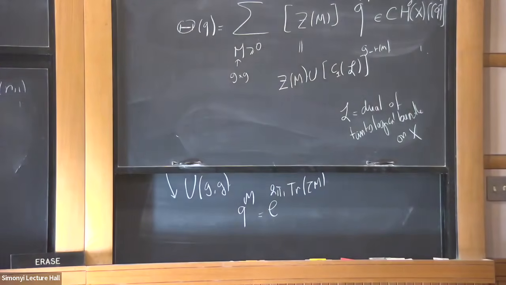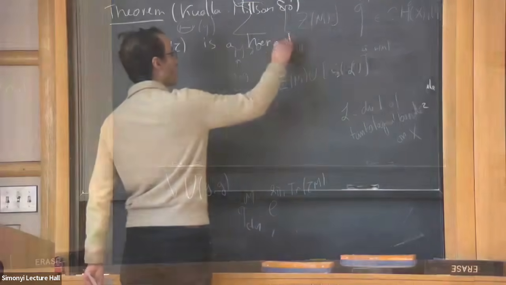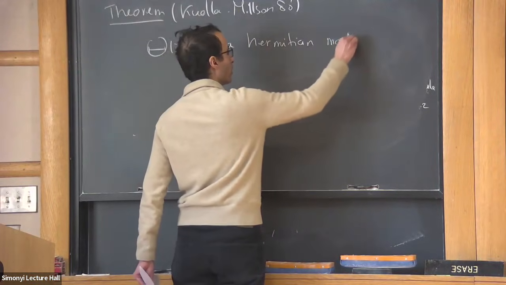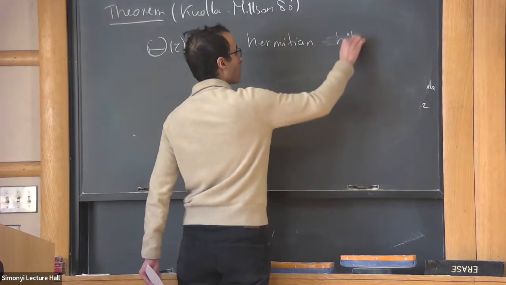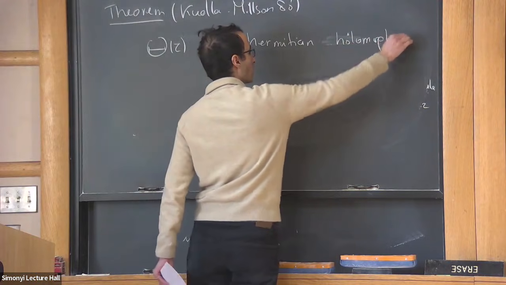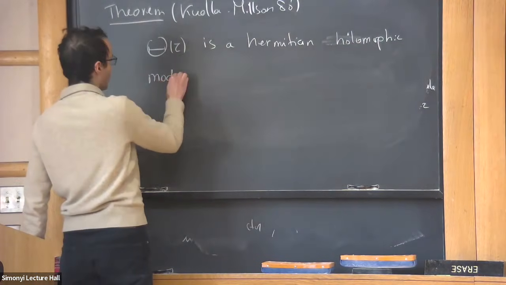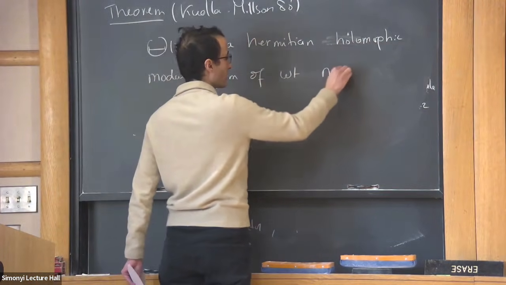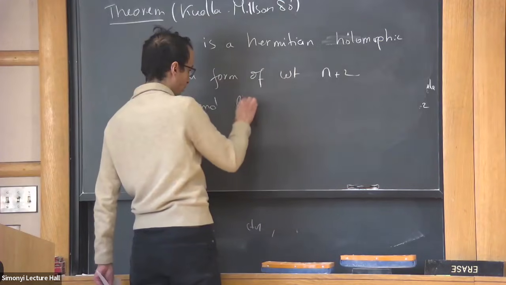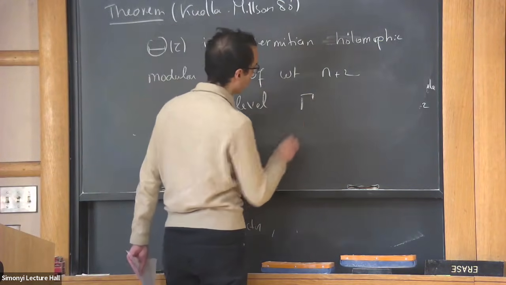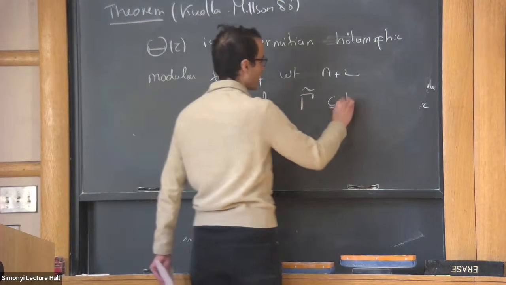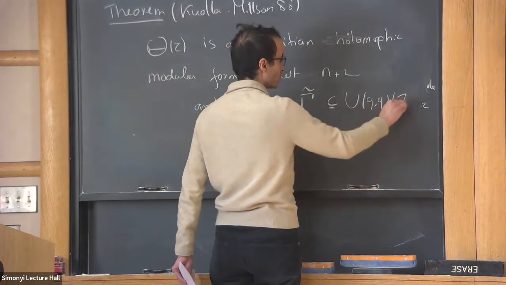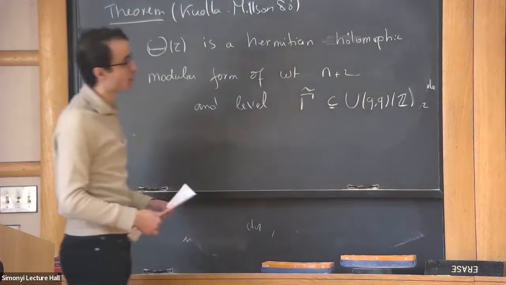But what they prove is, in fact, this, and if you take the cohomology classes of these cycles, then it becomes a Hermitian holomorphic modular form of weight n plus 2, and the level is some congruence subgroup gamma tilde inside the integral split unitary group U(g,g).